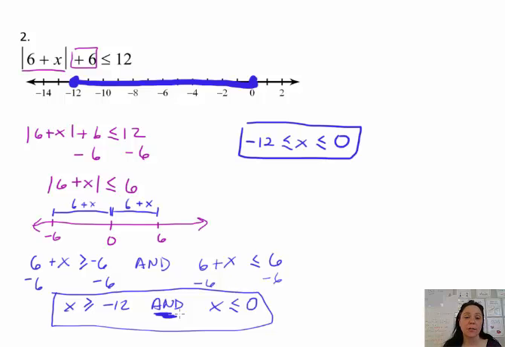Only and statements that are going to form a solid segment can be written as a combined statement. If you have an or statement, you can't write it as a combined statement, and in that case you would be going off to the sides instead of having a contained segment. So that's our second problem. We're getting long, so we'll continue with the next two problems on the next video.